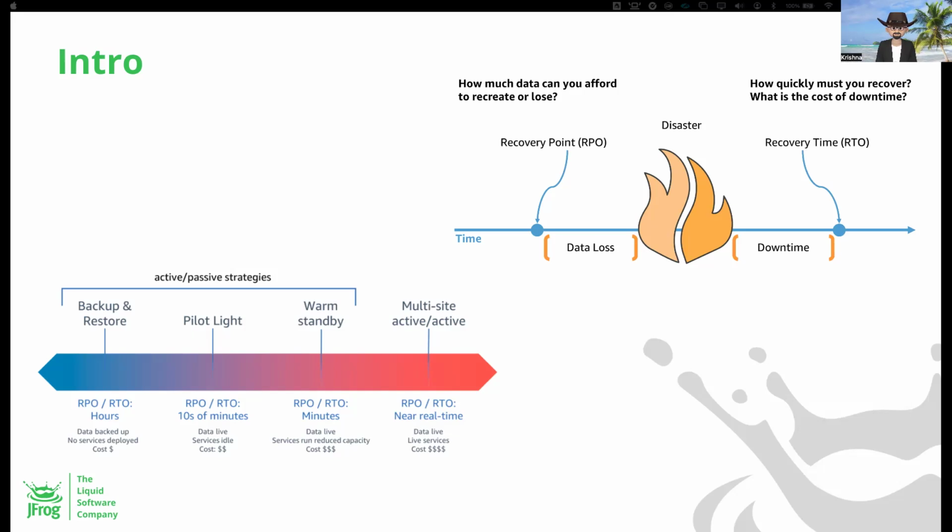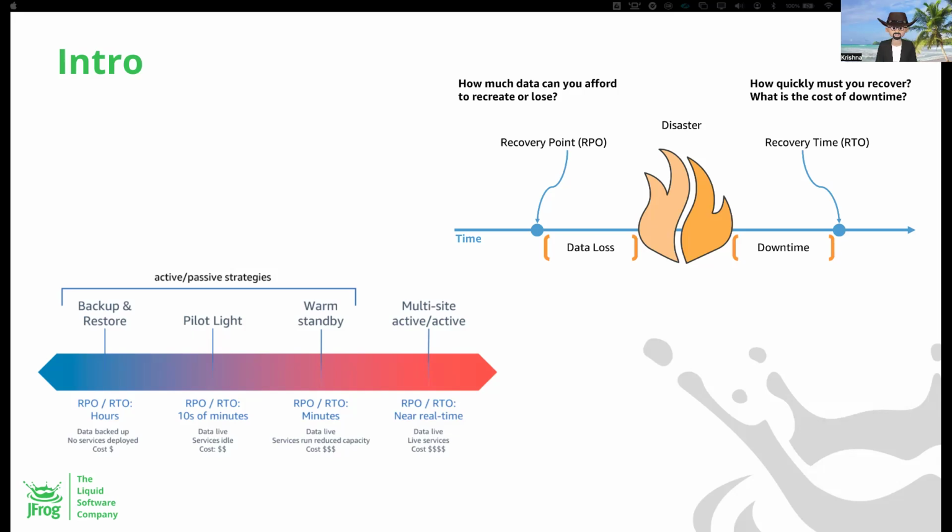Right? With the pilot light strategy, the critical data is live, but the services are idle. Live data means that data stores and databases are up to date, or nearly up to date, with an active region and ready to serve read-only operations.